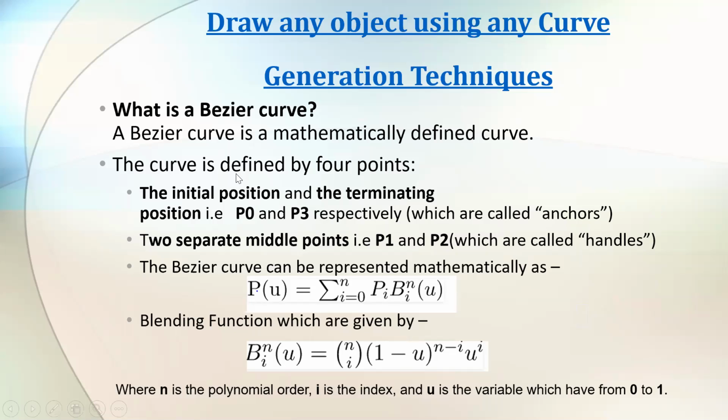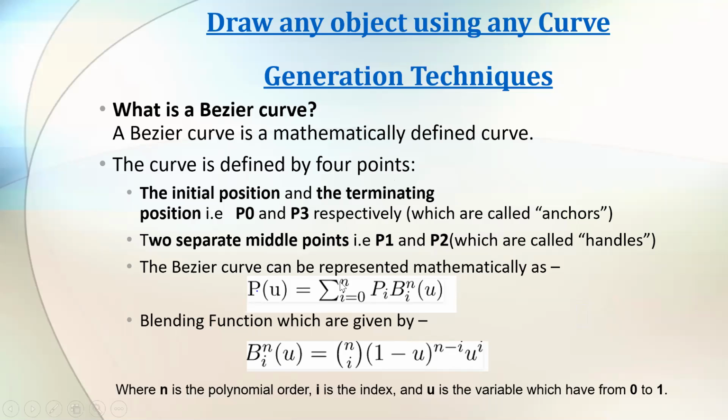Always remember, a Bezier curve will only pass through the first point and the last point. It will not pass through the middle points. So what is the purpose of the middle point? The middle point is used to hold the curve or alter the curve's alignment. So it actually controls the curve. The middle point controls the curve, whereas the curve passes through the first and the last point only.